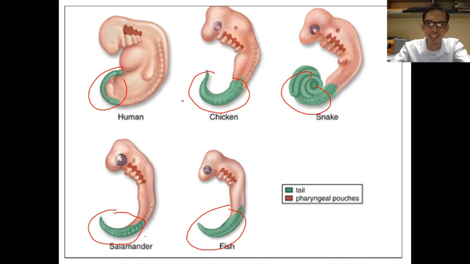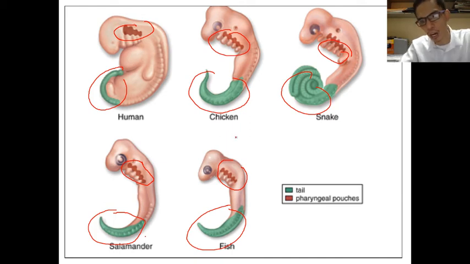Not only the tail, we have the pharyngeal slits or pharyngeal pouches. In fishes, this becomes gills. So in short, all of these five organisms have the same structures in their body at first. But when they grow up, they become completely different from each other.